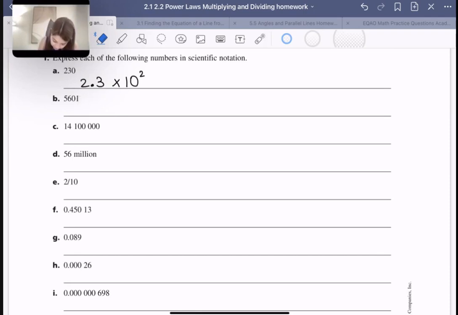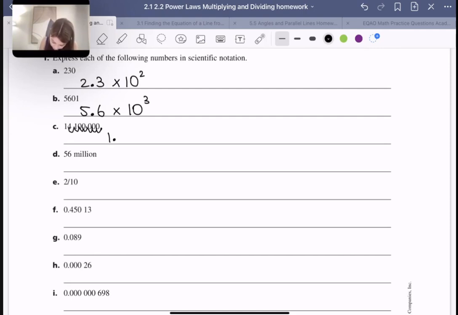Okay, so let's try 5,601. Here we have an invisible decimal point, and we need to move the decimal point over 1, 2, 3 times, right? So we're going to get 5.6. And since we moved it over 3 times, we're going to multiply by 10 to the power of 3. Good. All right, now how about this one? We need to move it over 1, 2, 3, 4, 5, 6, 7 times.